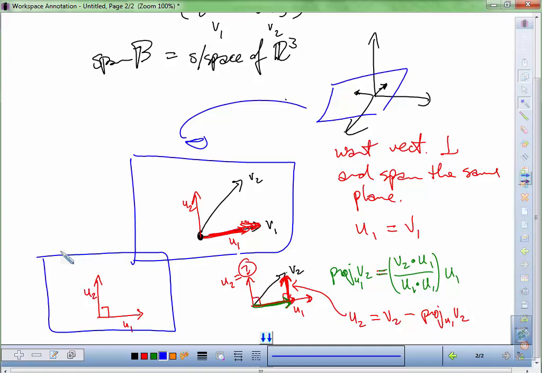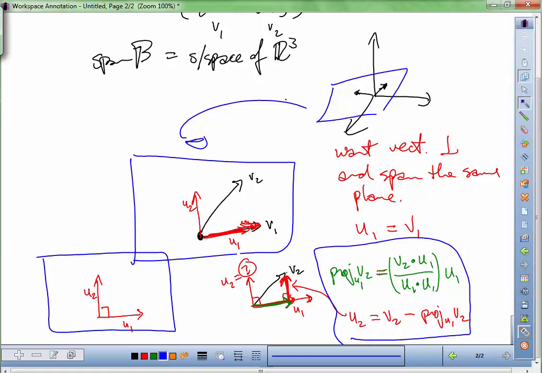Okay, so that's good. This is the formula that we want. What we have done here with only two vectors is successfully change the basis.